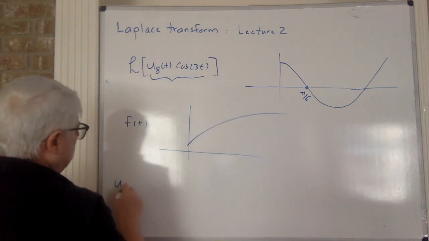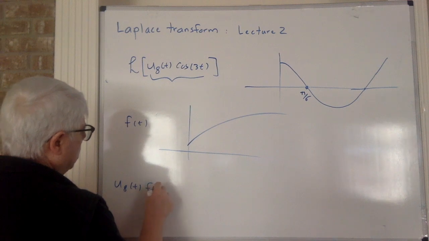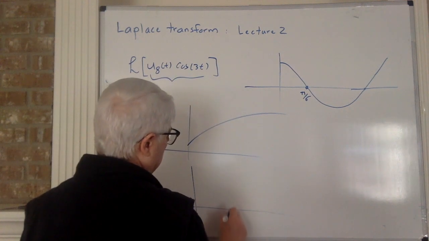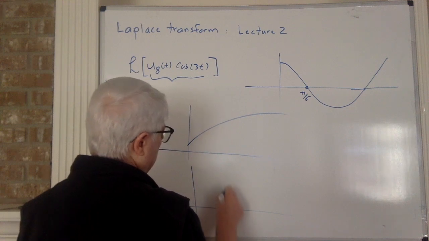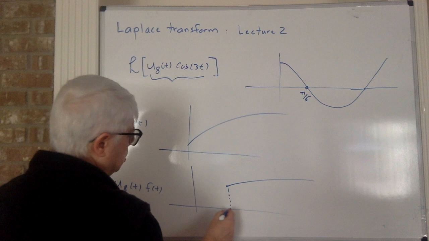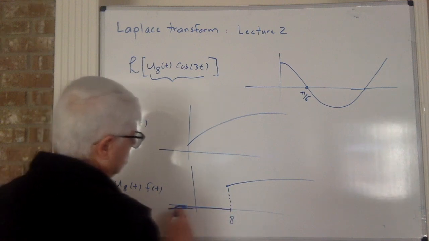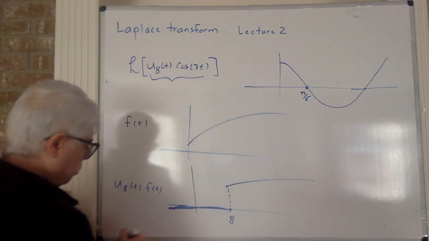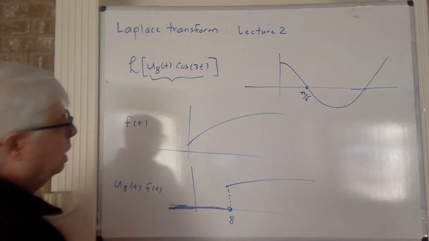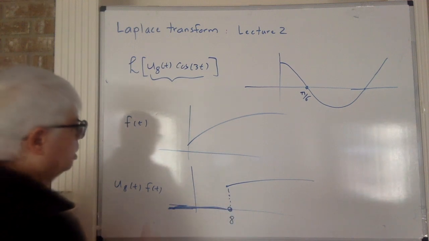Then u8t f(t) is like this. And 0. So from minus infinity to 8, that is 0, and then suddenly it is the same as this function.